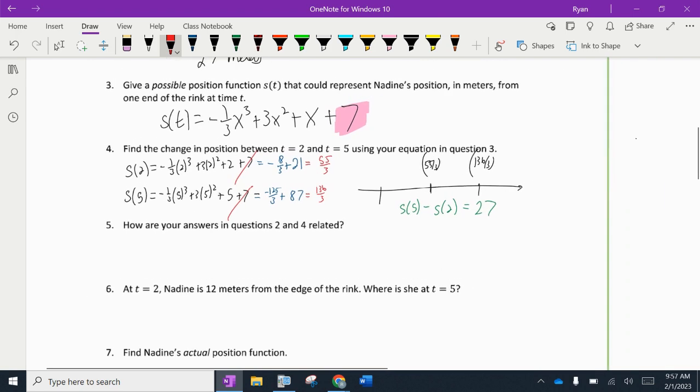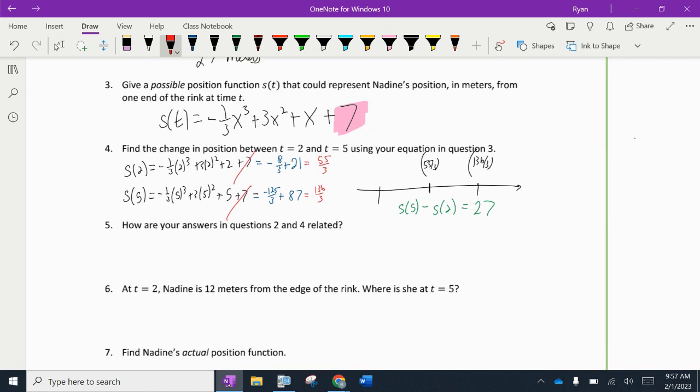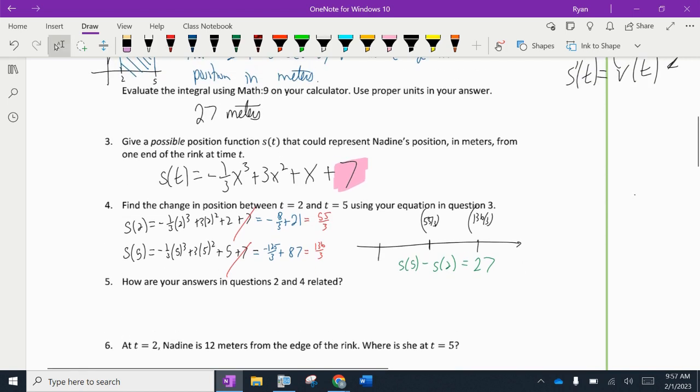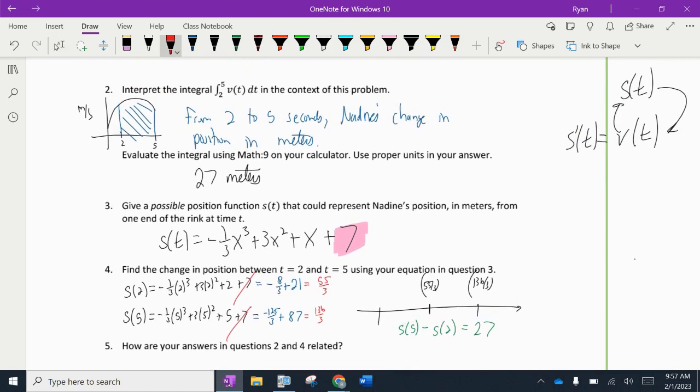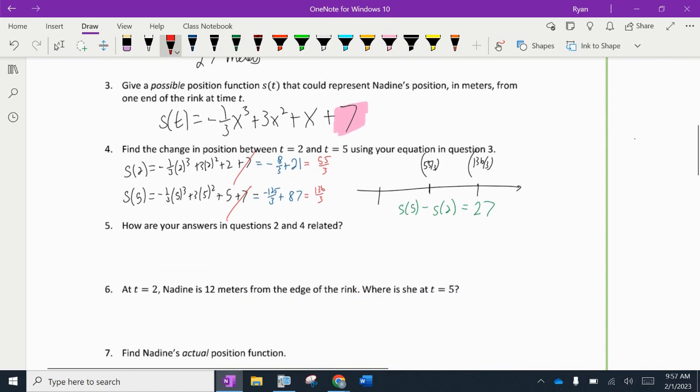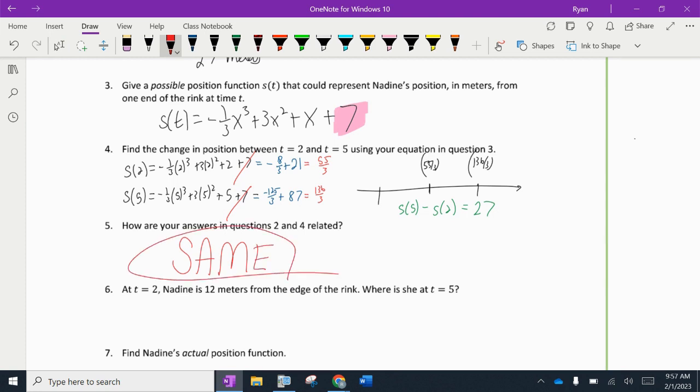Well, in question 4, when I found this antiderivative and plugged in the position at 5 minus the position at 2, that was the same thing as just going straight for that integral function on the calculator. So how are they related? They're the same. And that's going to be a pretty significant thing for us.